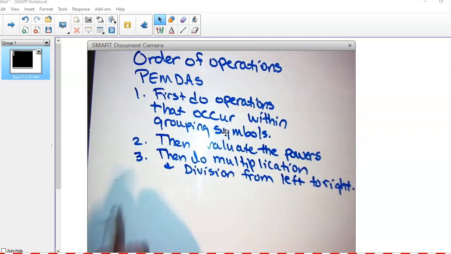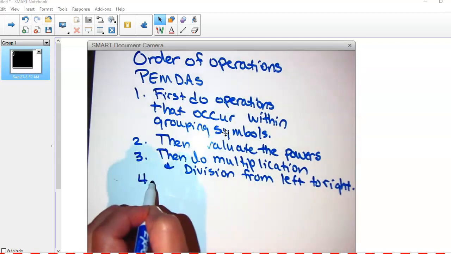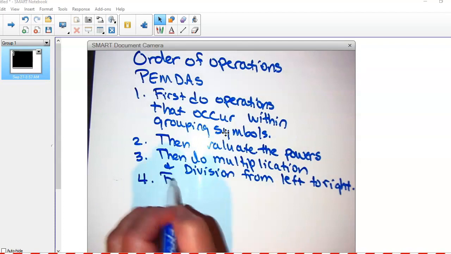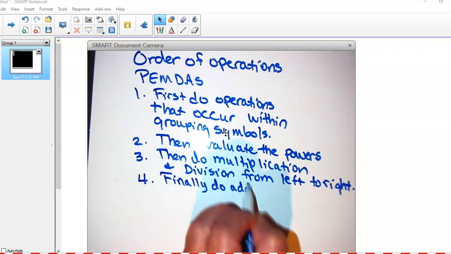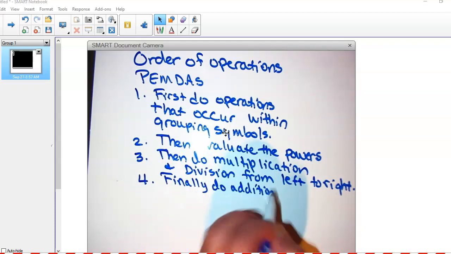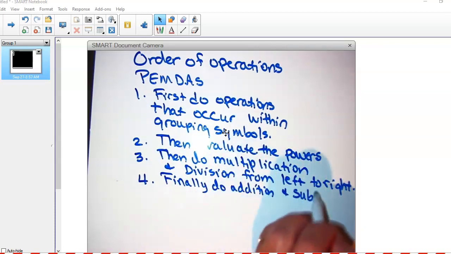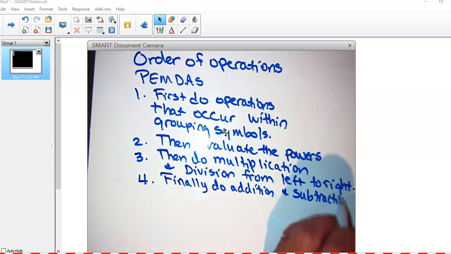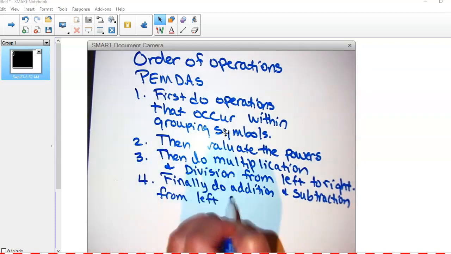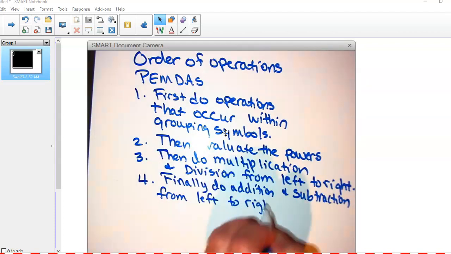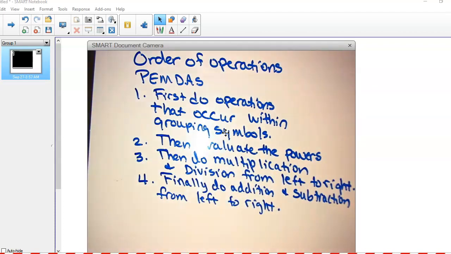Okay, you can see that. And then the last step would be, finally, do addition and subtraction from left to right. So those are equal also. Okay, let's do some examples.